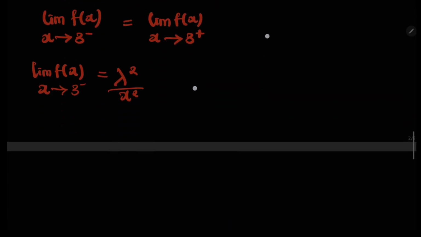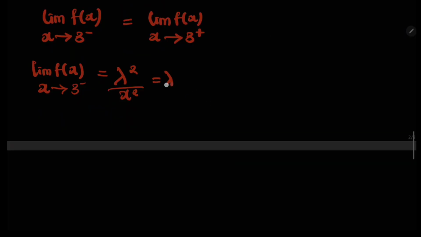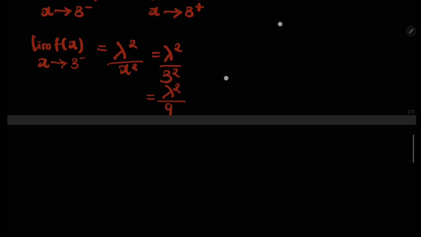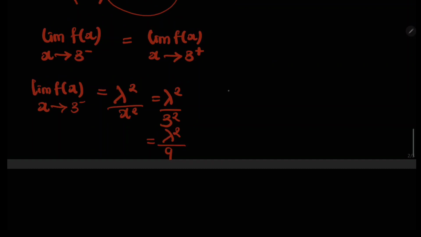So we are going to substitute x with 3. From there we would have lambda squared on 3 squared, which is equal to lambda squared on 9. Okay, that is that. Let's have the second case, the limit of f of x as x tends to positive 3.